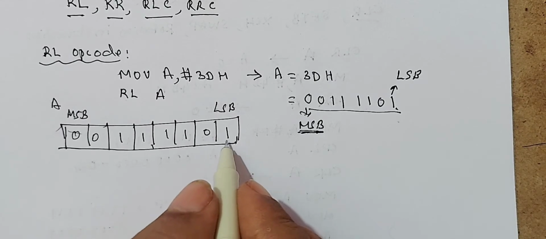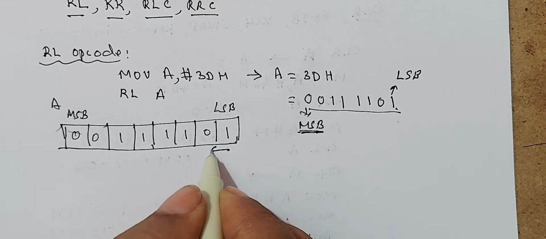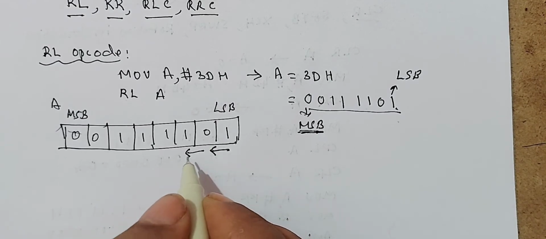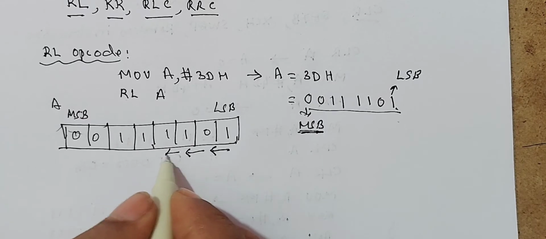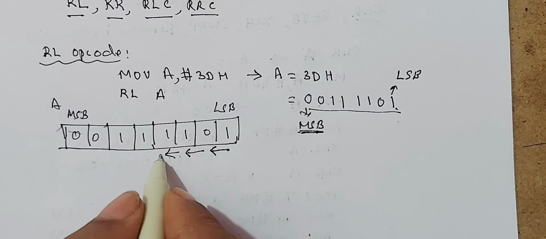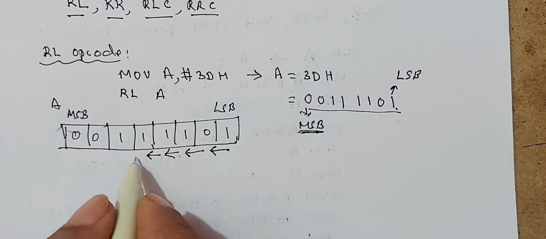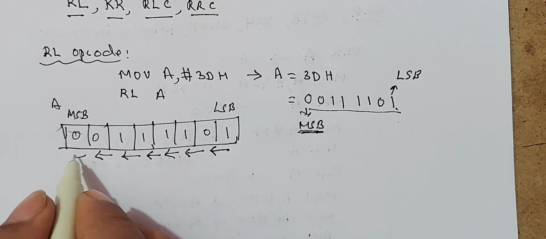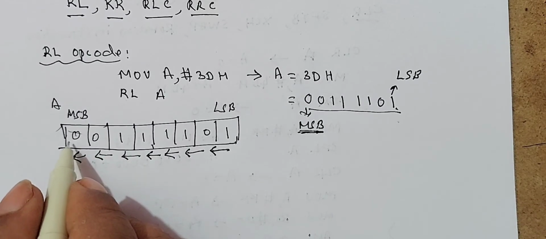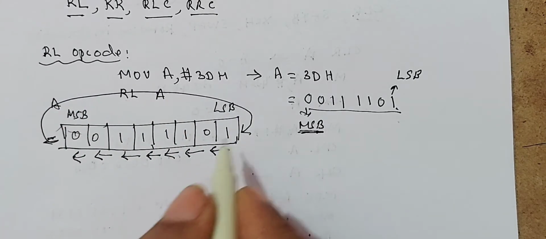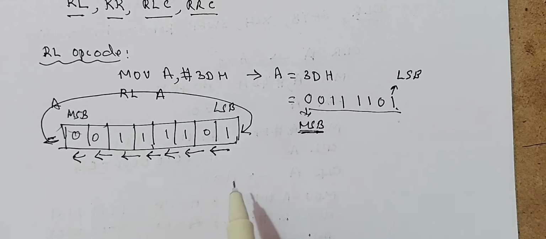That means this LSB is shifted to the next bit, and each following bit is shifted to the next bit in the same manner. The last one, when it is shifted, goes to the LSB. In this way, you shift bit by bit to the left side.